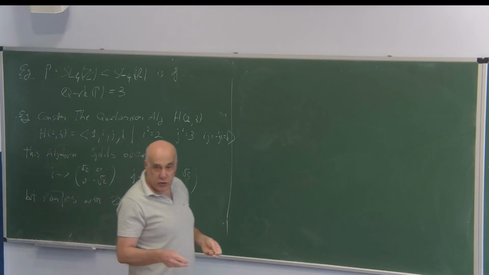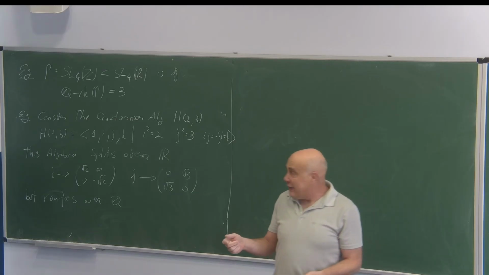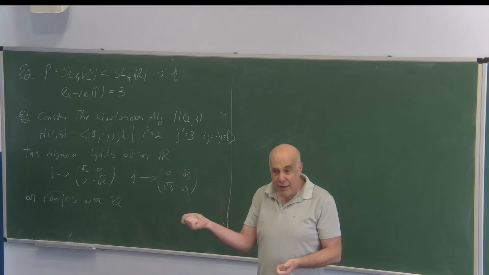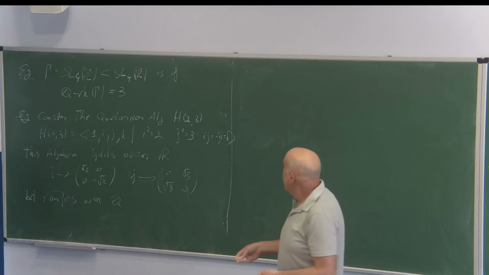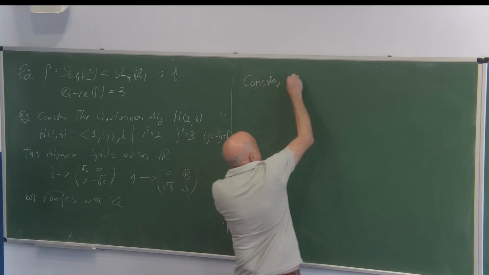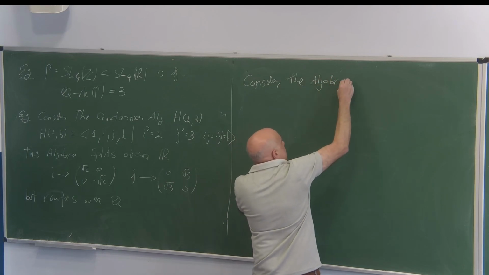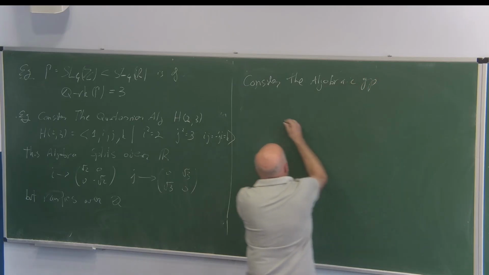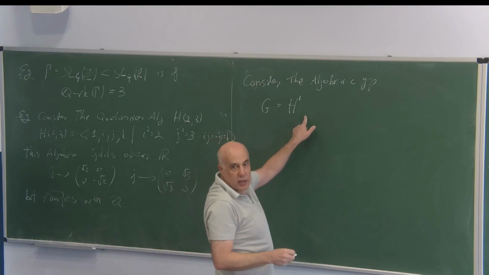What you do is define a completely different algebraic group, but whose R points are the same as the points of SL4. Namely, consider the algebraic group G, which is just the units of this quaternion algebra.